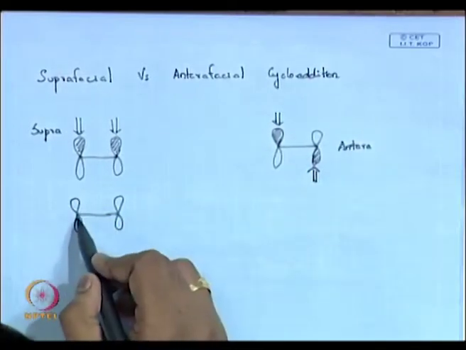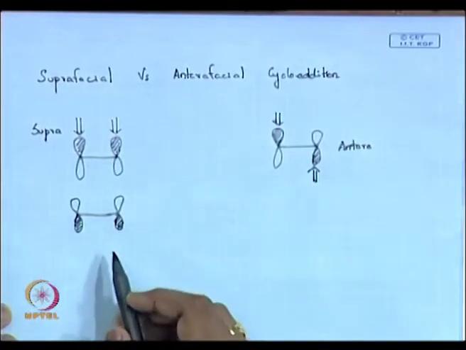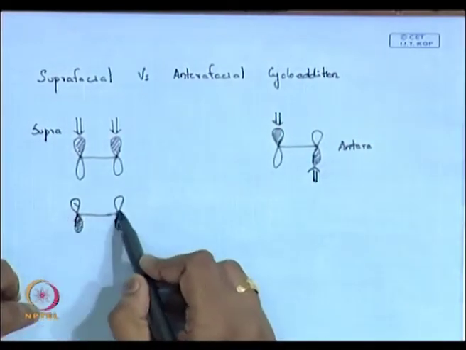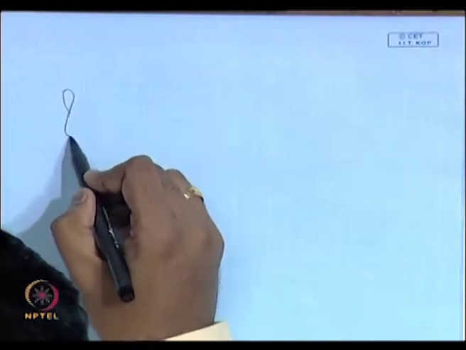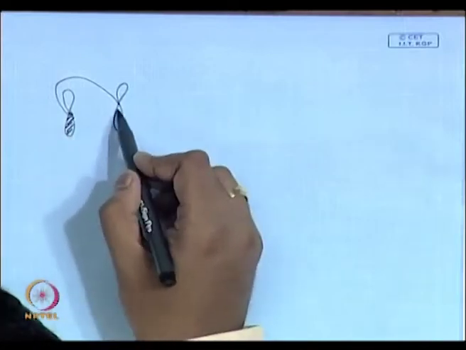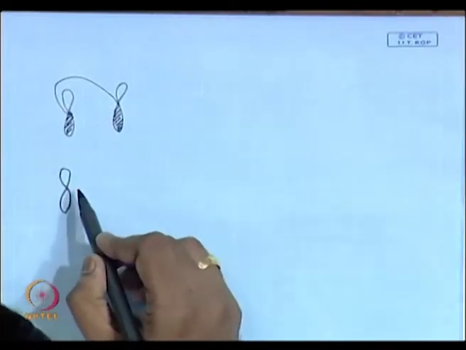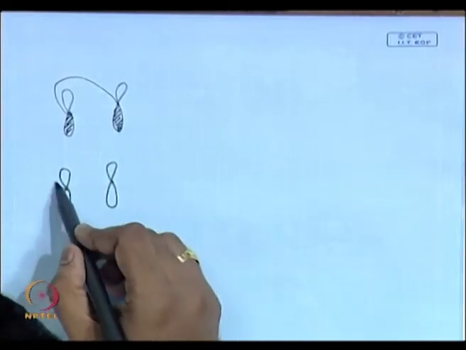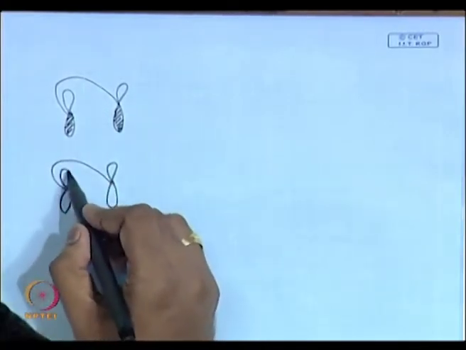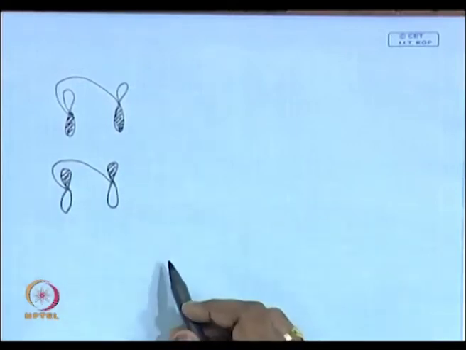To be more precise, for example, I am taking a system. This is not an alkene type of system, it is an n system, there can be a number of carbons in between, just to give that idea.